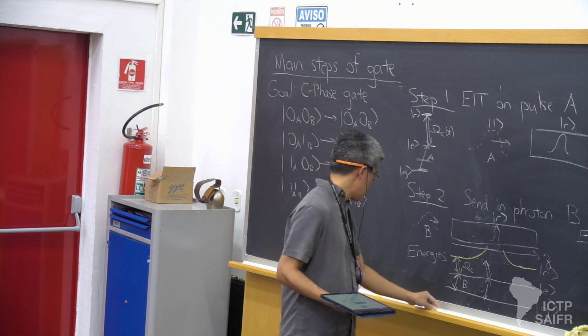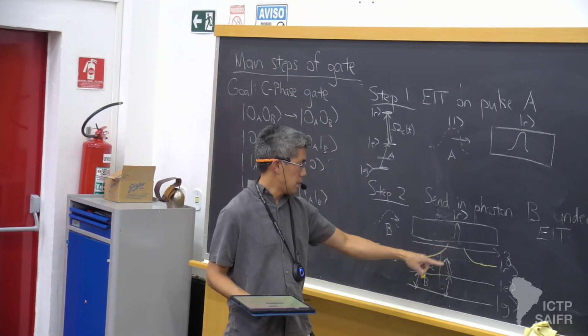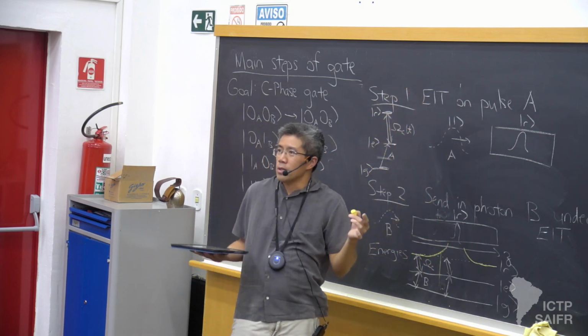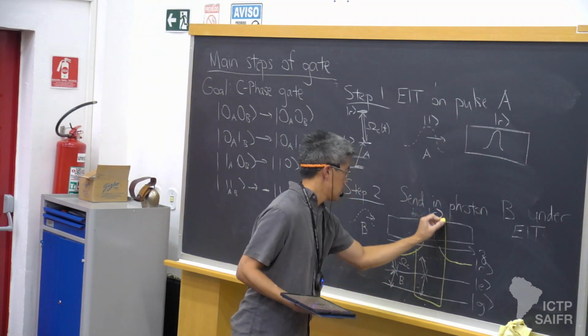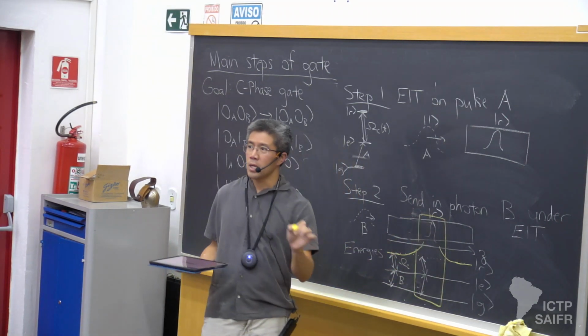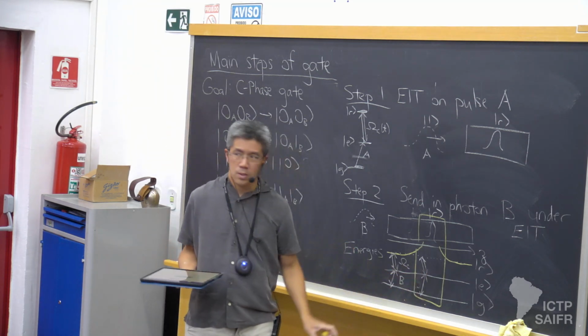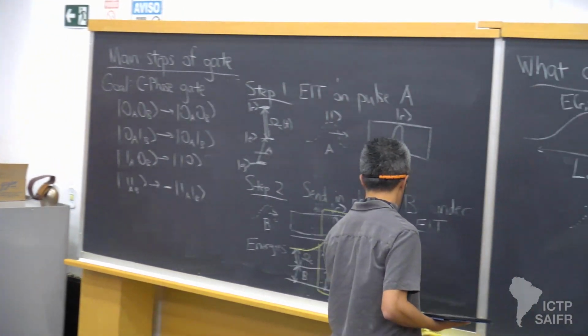So in this region here, even though I have the third level and this control field, this third level is pushed off so far away that effectively it's not there. And so in this region here, this photon B does not see a 3-level EIT medium. Effectively, it only sees states G and E. It sees a 2-level medium.